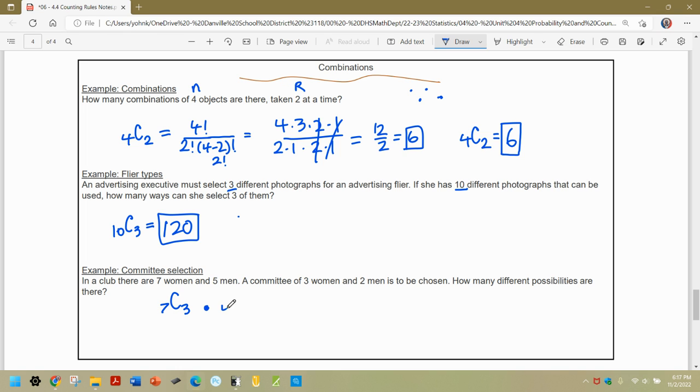And then for the men, I have 5C2. If I do this on my calculator, 7C3 is 35, and 5C2 is 10. So that gives me 350 different possibilities of forming my committee.